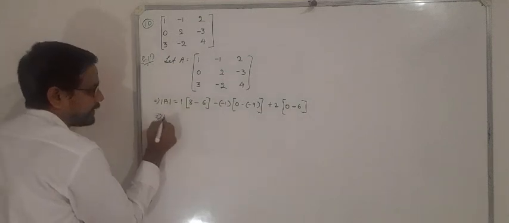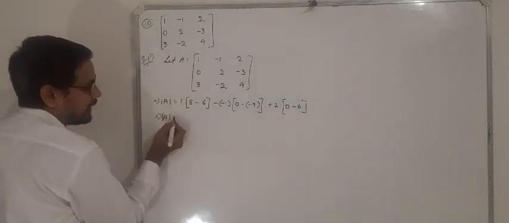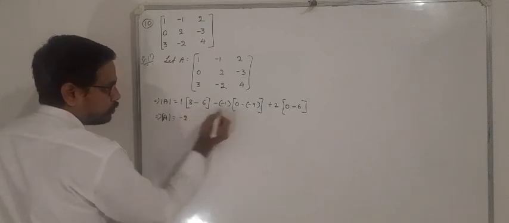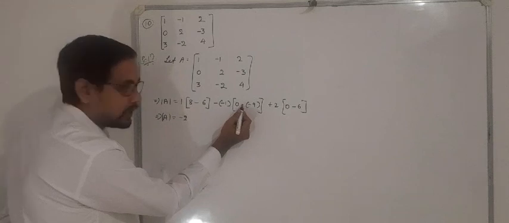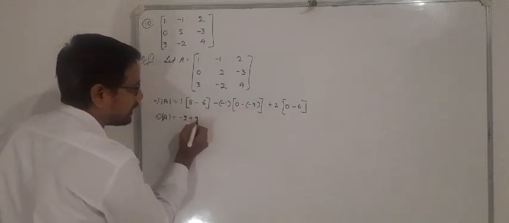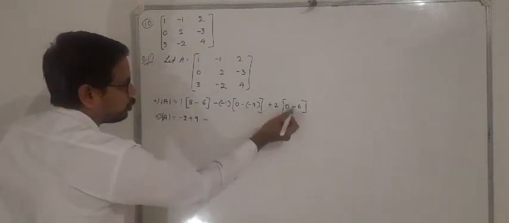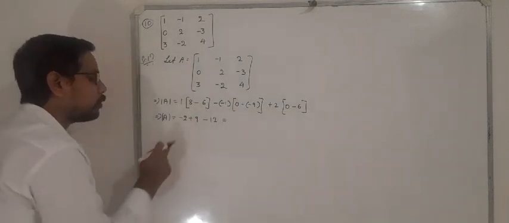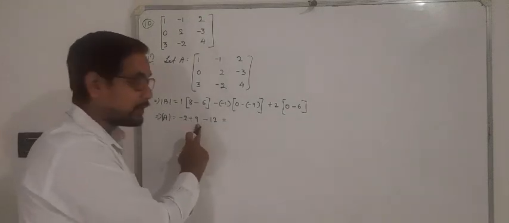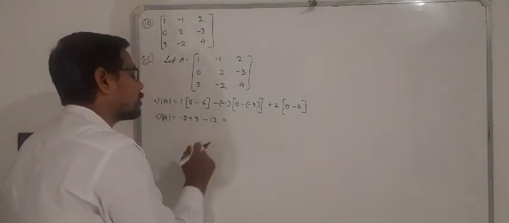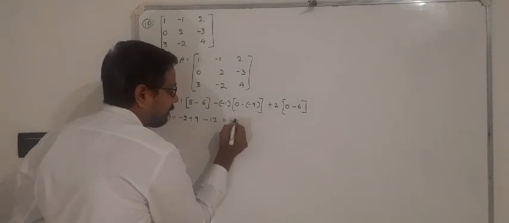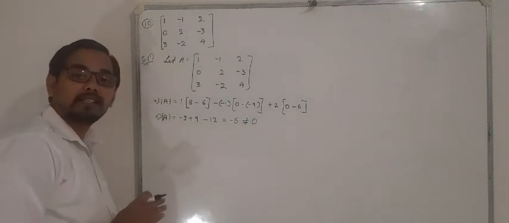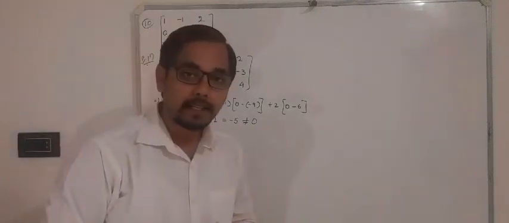So I can write determinant A as equal to 8 minus 6 minus 2. So this is plus 9 into plus 1 plus 9, 2 into minus 6 minus 12. So what will be the value? Minus 2 plus 9 is plus 7, plus 7 minus 12 is minus 5, and is not equal to 0, right? So as this is not equal to 0, therefore A inverse exists.